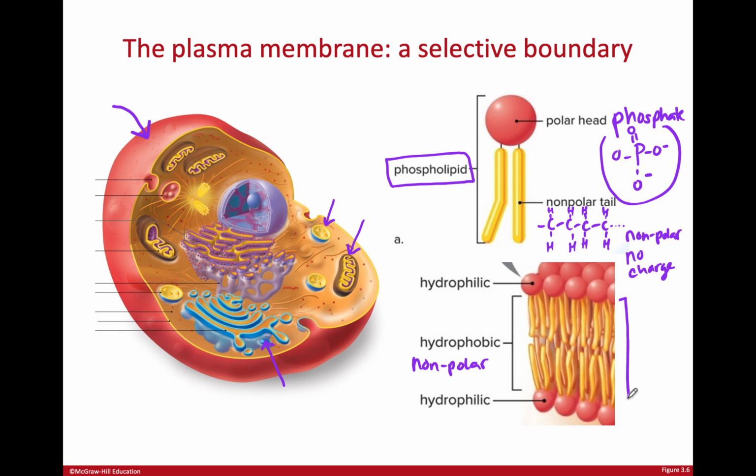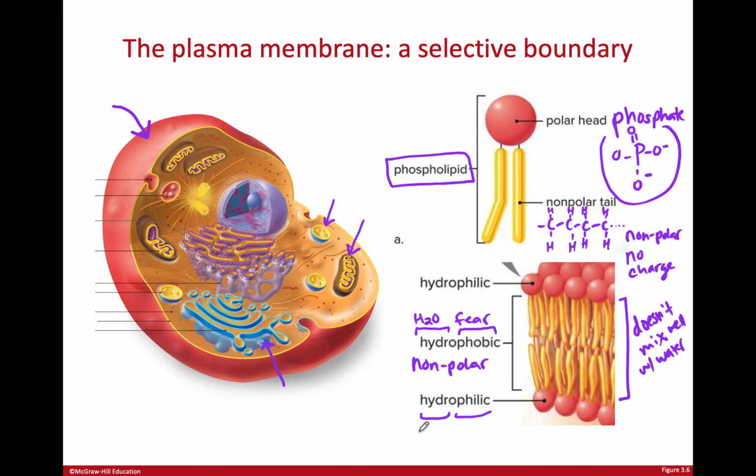So this core here, the tails, doesn't mix well with water. That's hydrophobic. Phobic means fear. Hydro is water. They're not actually fearing water, but they turn away from it because they don't mix well.